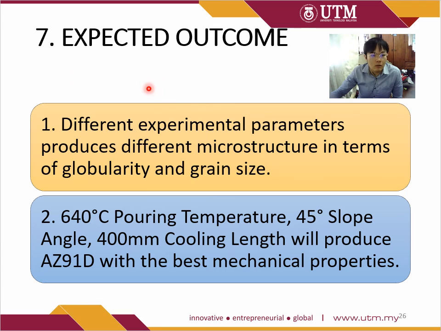And the expected outcome is that different experimental parameters produce different microstructure in terms of globularity and grain size. And I predict that 640 degrees Celsius pouring temperature, 45 degrees slope angle, and 400 millimeters cooling slope length will produce SZ91D magnesium alloy with the best mechanical properties.